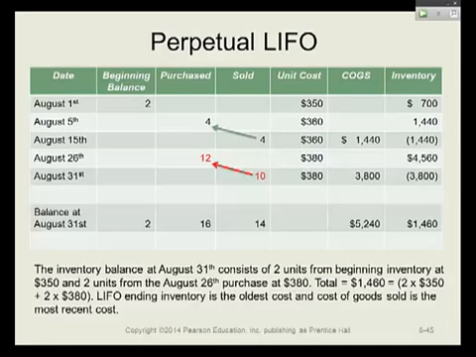If you look down at the bottom of the screen, you'll see that your ending inventory consists of 2 units at $350 and 2 units at $380 for a total of $1,460. Cost of goods sold is $5,240, and the total is once again $6,700. It has to add up to the total amount of goods available.